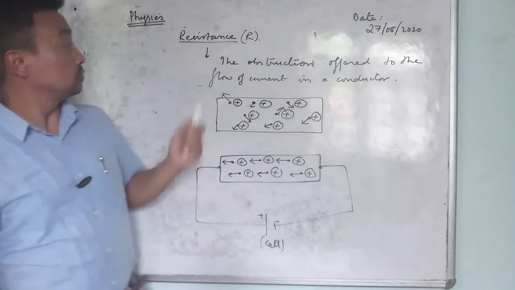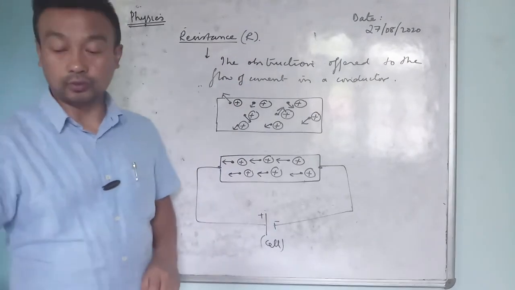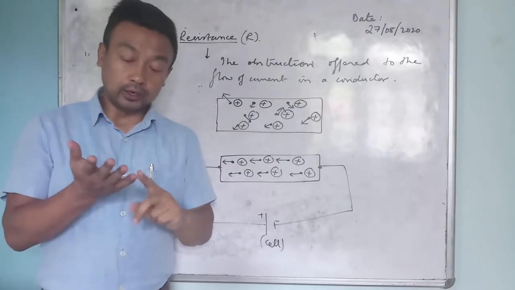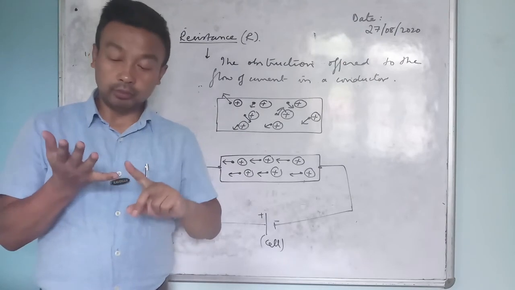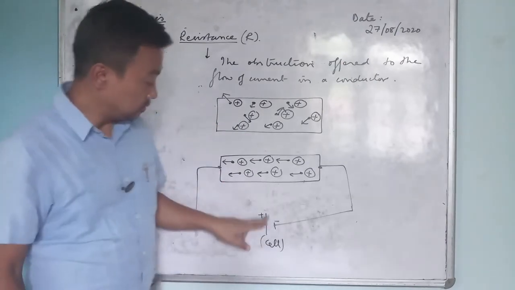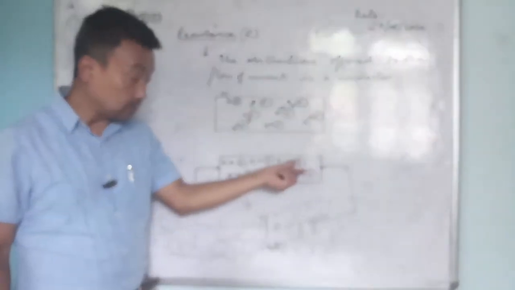This resistance of a wire is given by capital R. In order to understand the resistance of a wire, we will come to another topic where there is a relation between the potential difference across the ends of the metal and the current flowing.